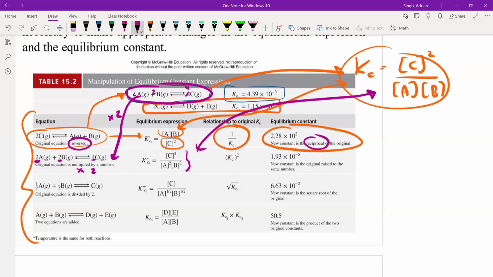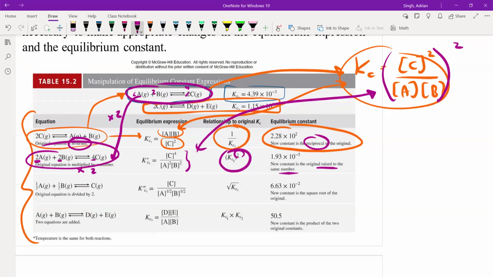Well, this is all of this to the 2nd power. So when you multiply your original equation, what we do to the Kc value is we raise it to that same number. We multiplied this original equation by 2. That means we're going to square everything. We're going to square the Kc value.